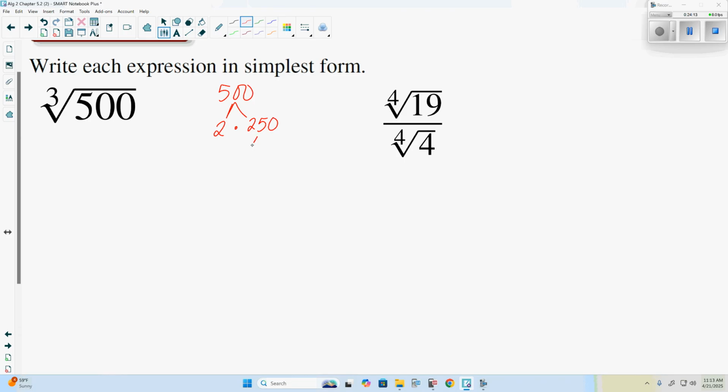So we know we have 2 times 250. 250 is still even, so it's 2 times 125. Well, 125 is not even anymore, but it does end in a 5. So it's going to be 5 times 25, and 25 is 5 times 5. So we do have our prime factorization telling us 500, written as a product of prime numbers, is 2 squared times 5 cubed.